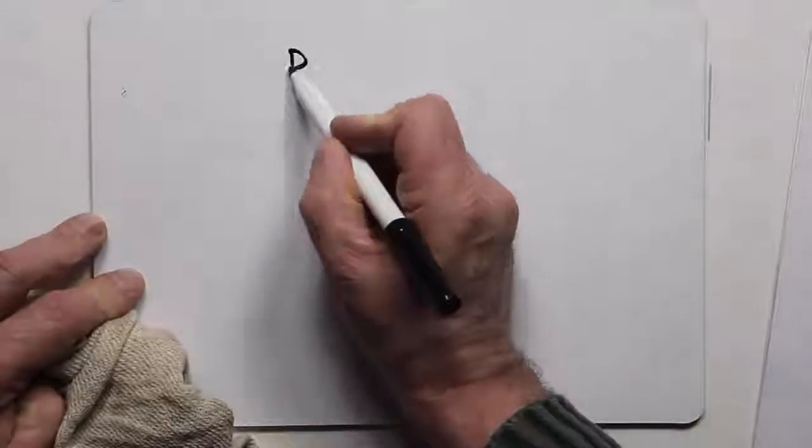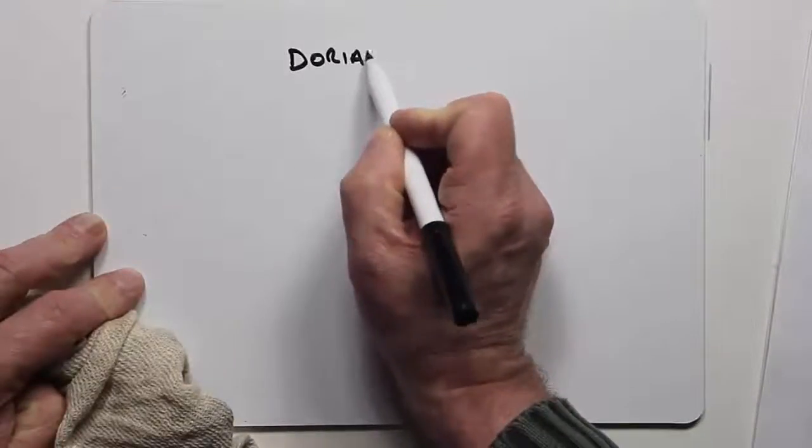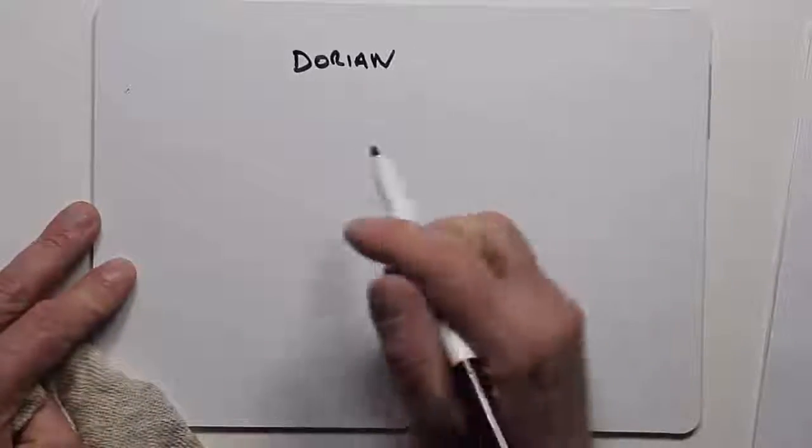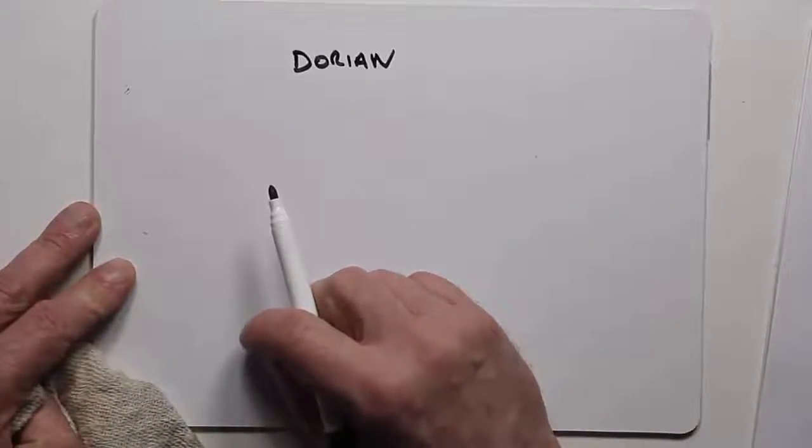So the next one I'll give you is the Dorian, which is obviously based on the 2nd degree of a major scale, isn't it? It's from D to D if you're talking in the scale of C major.